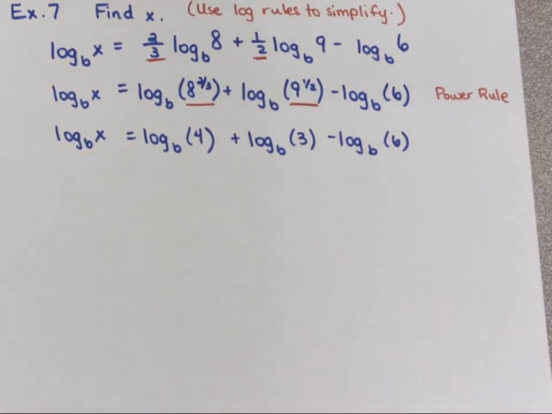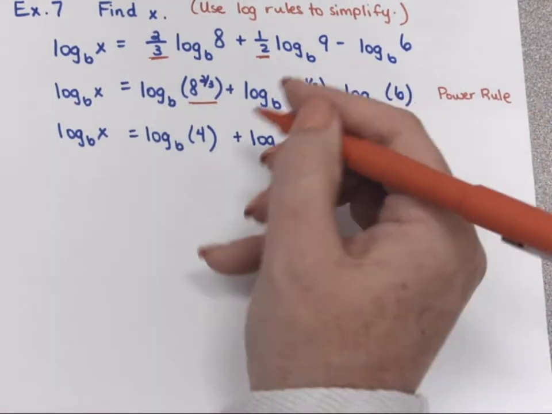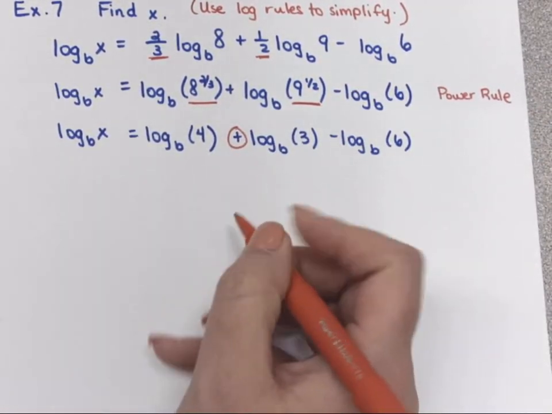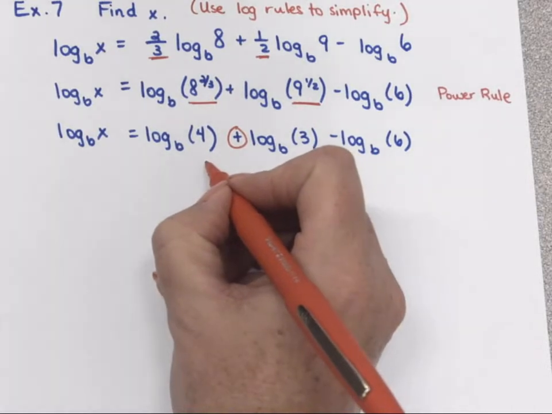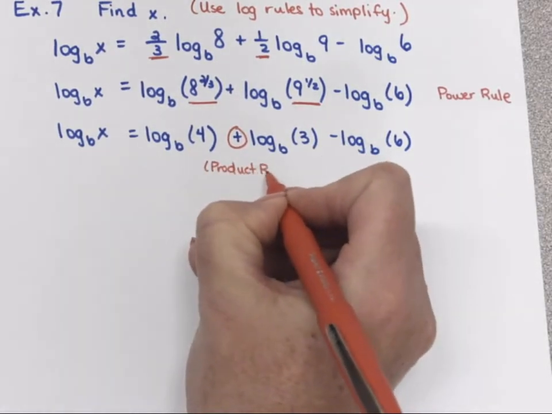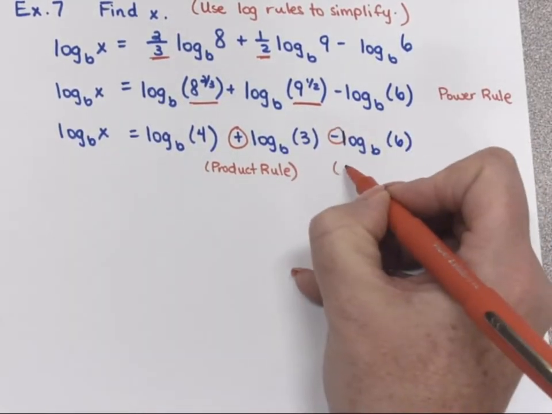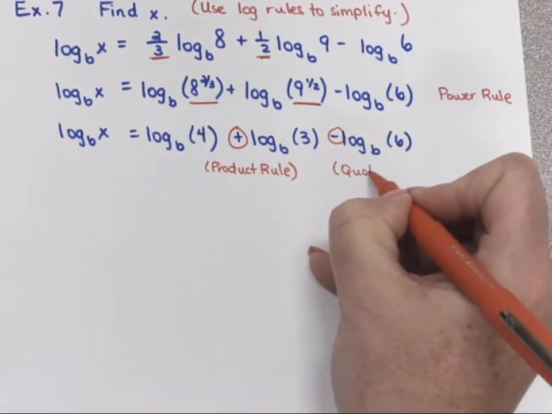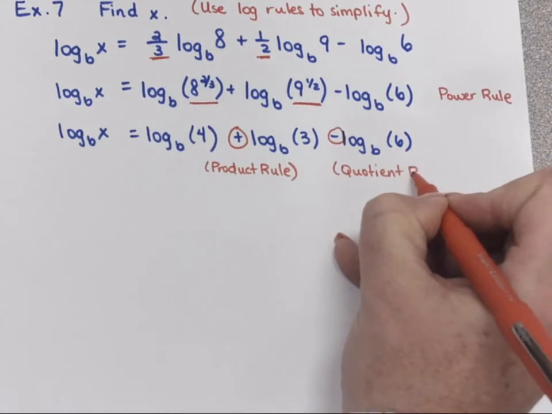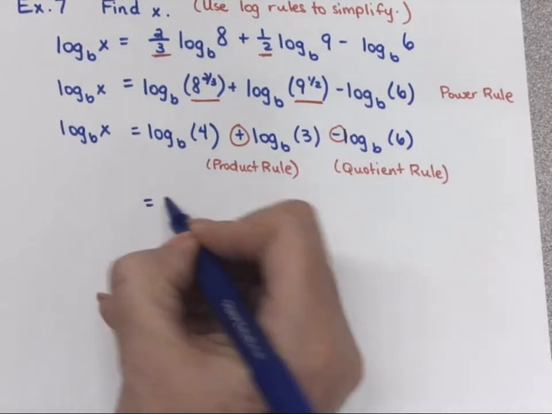All right, so now what can I do? Notice I have a plus sign here, right? So what rule is that implying that I'm going to be using? Product rule uses addition, right? But then I have a minus sign here, and what rule does that imply I'll be using? Quotient rule here. So let's see if I can do this, and you can actually do it in one fell swoop.